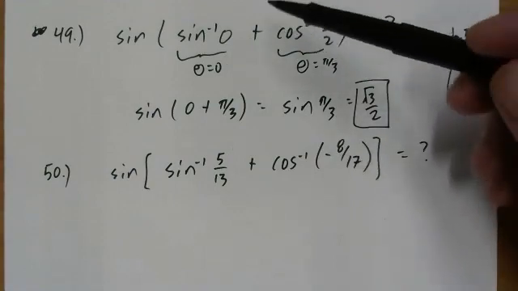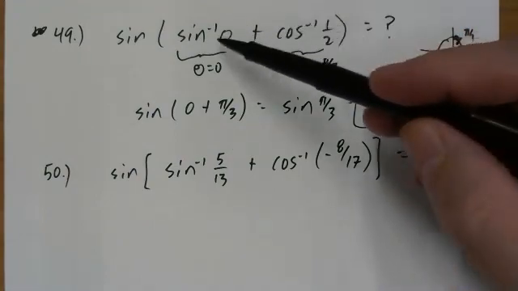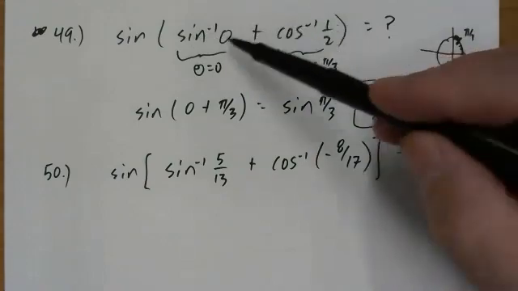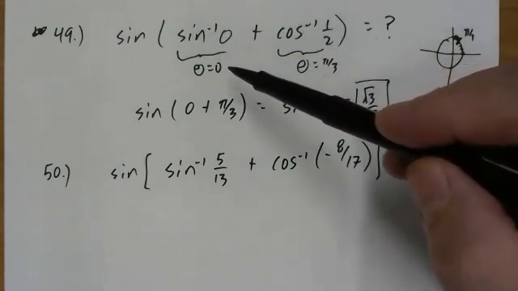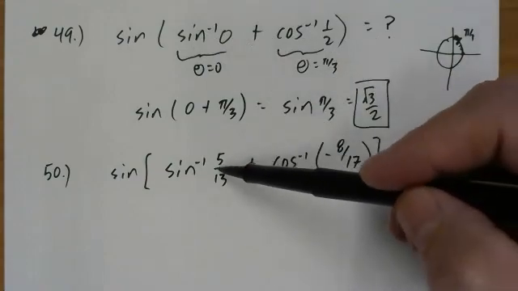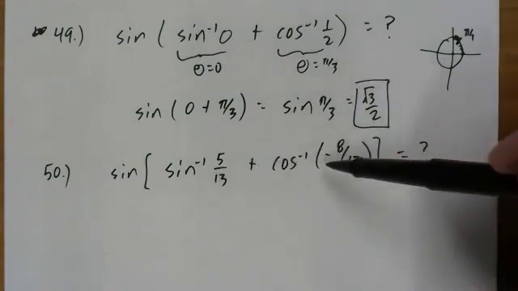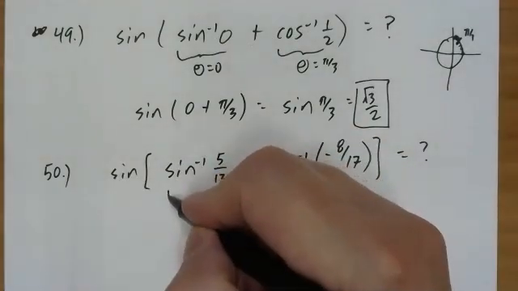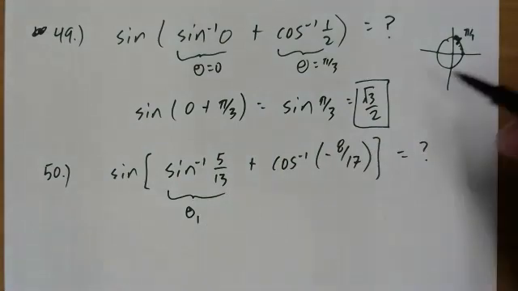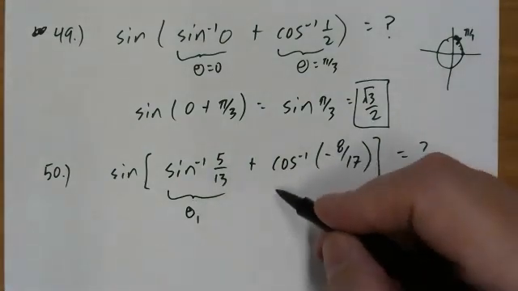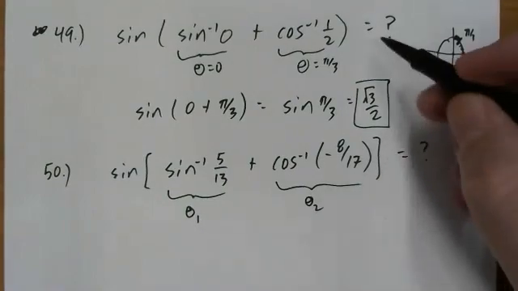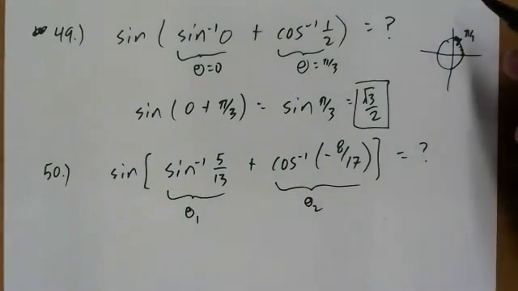Now, the interesting thing is, when I looked at the previous problem, I knew these angles. These ended up being special angles. So I was able to right away plug in 0 and pi over 3. I do not know what these angles are. Matter of fact, for this problem, I'm actually going to call this angle theta 1 and call this theta 2. I don't know what those are.